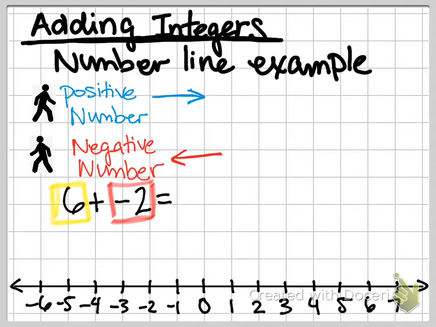So I'm going to copy that bottom person, and I'm going to paste him right above the 6, which is our starting point. And this time, this person is moving 2 spaces, but instead of moving in the positive direction, they're moving in the negative direction. So 2 spaces, and that ends at 4. So our answer for this one is 4.